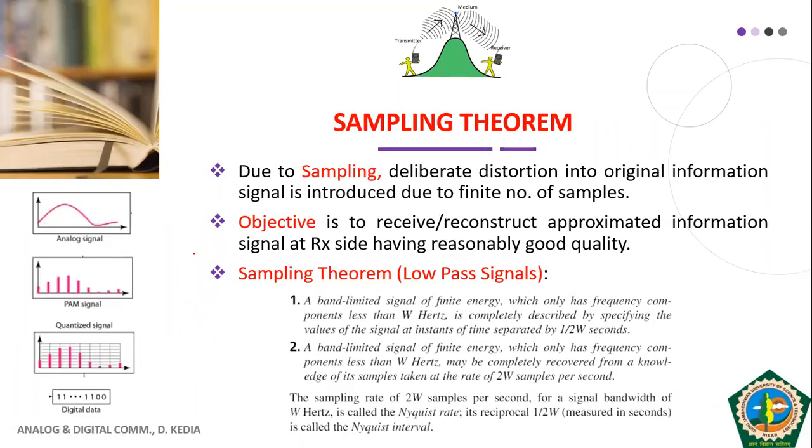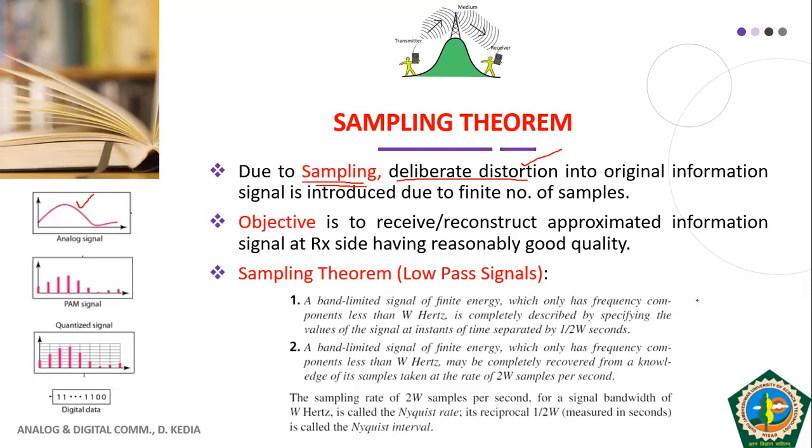So, as I told you, our original or the natural signal is having infinite number of values, both in time as well as in amplitude. And once we do the sampling in time, then obviously, since we are considering finite number of values, some deliberate distortion has come into the original signal. Our original signal was analog signal.